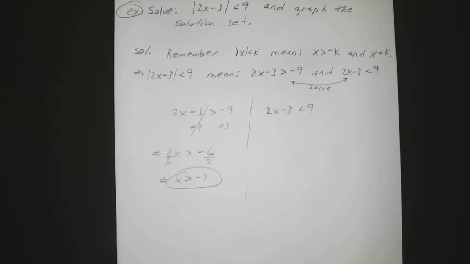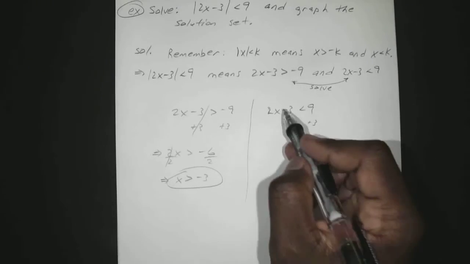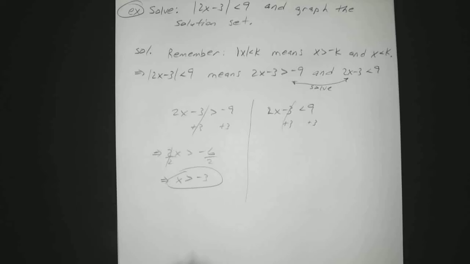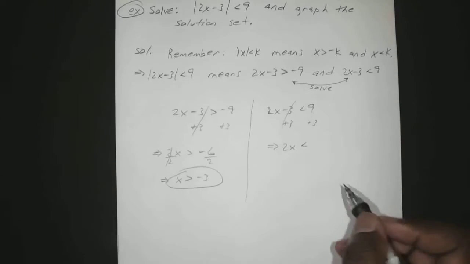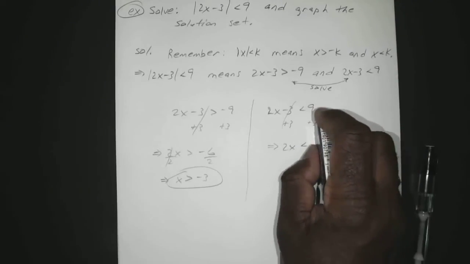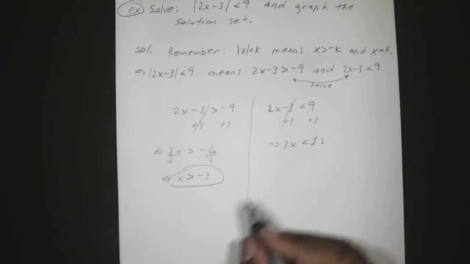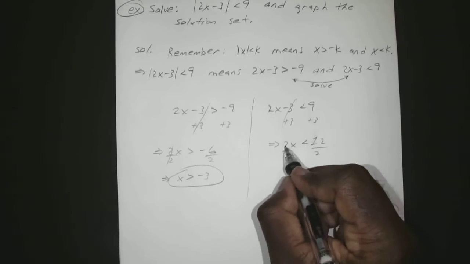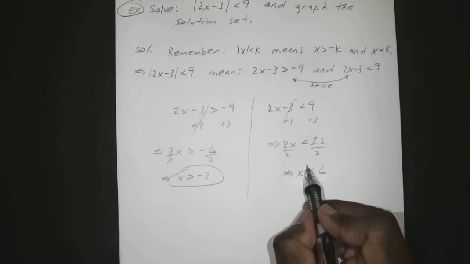Now if we solve the other one, if we add 3 to both sides, those cancel out. So you have 2x is less than 12. Divide both sides by 2. You have x is less than 6.